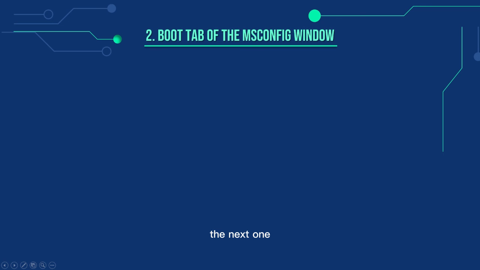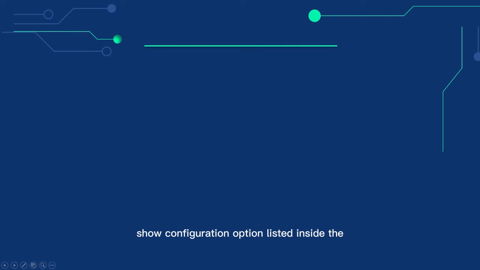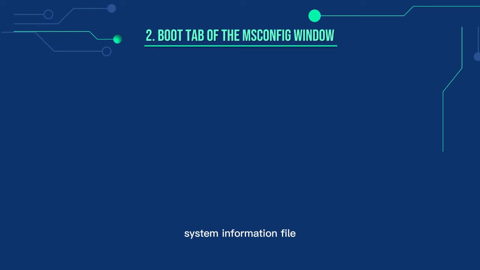The next useful tab is the Boot tab of the msconfig window. The Boot tab is used to change the way Windows starts. The options in the Boot tab show configuration options listed inside the system information file.